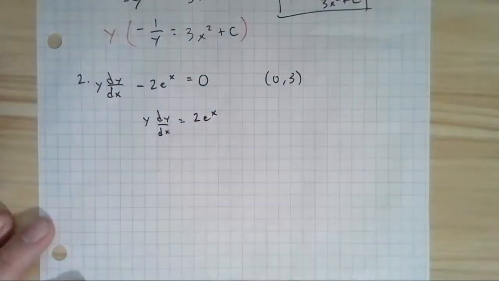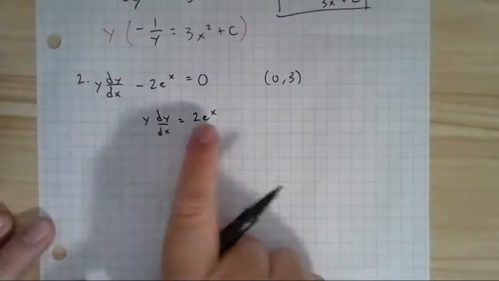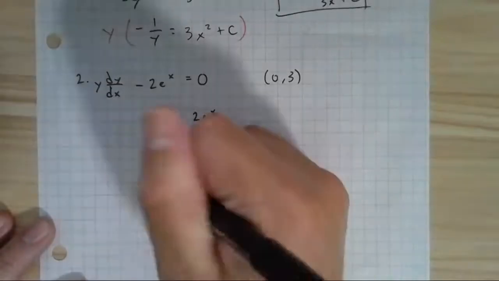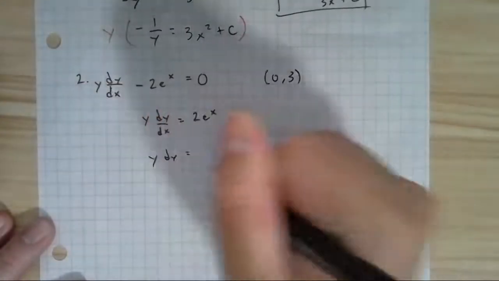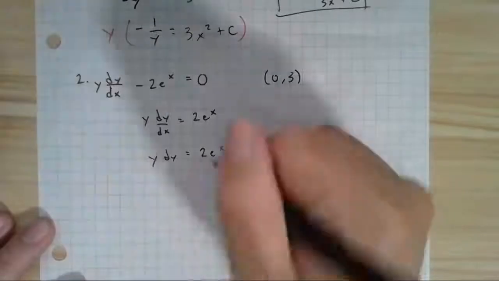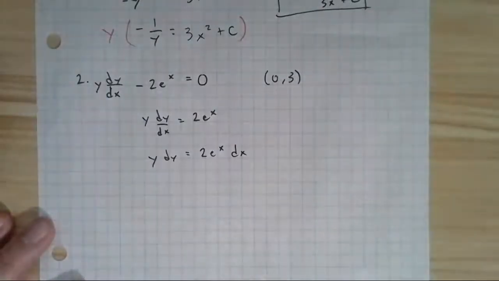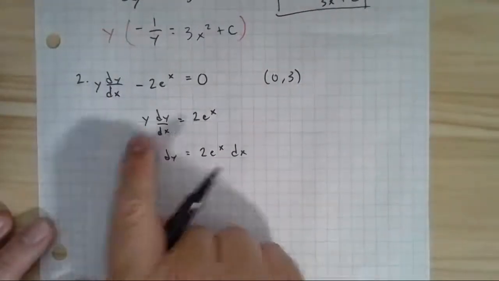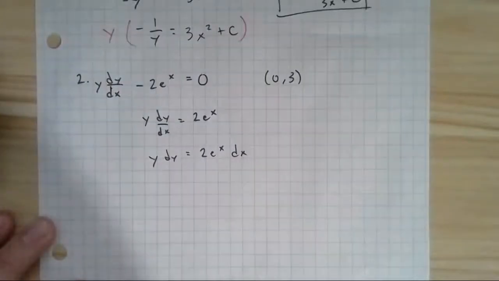So I have this so far. Then I can multiply both sides by dx to isolate the y's on the left side, just like that. Okay, so again, I multiply both sides by dx, they cancel that on the left side, so I have y dy is equal to 2e to the x dx.